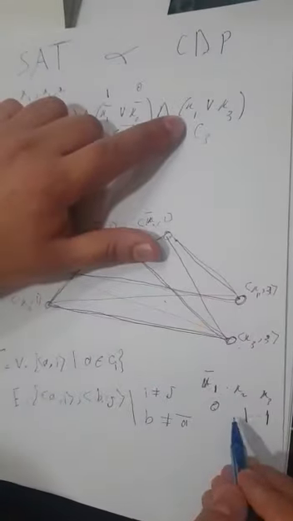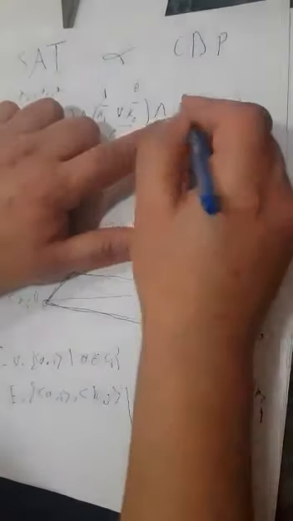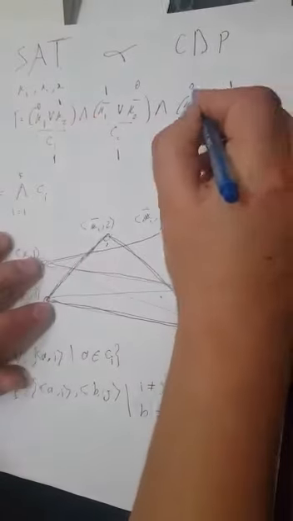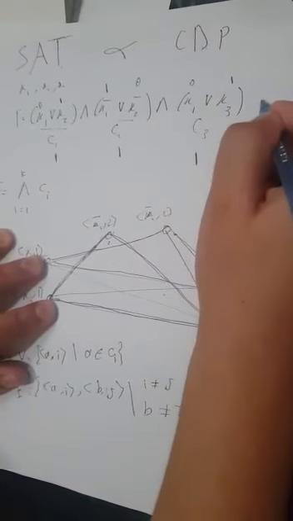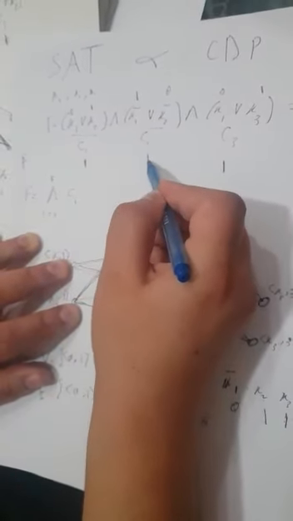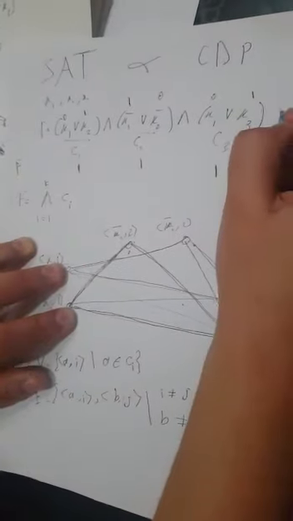Also x1 is 0 and x3 is 1, so 0 or 1 is 1. Now since between all the clauses is and, so 1 and 1 is 1, and 1 and 1 is 1, so the result is true.